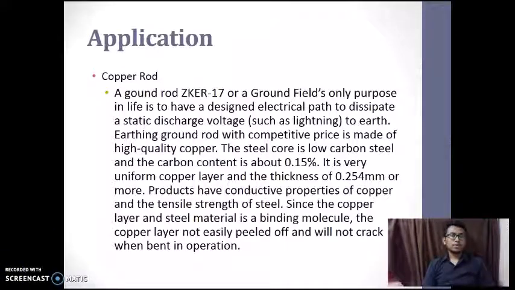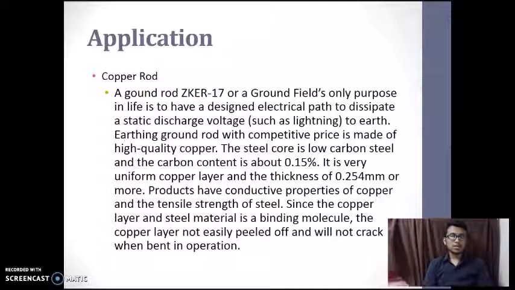The application of the copper rod for 132 kV grounding: a ground rod's only purpose in life is to have a designed electrical path to dissipate static disturbance such as lightning to earth. A thin ground rod with competitive price is made of high quality copper.